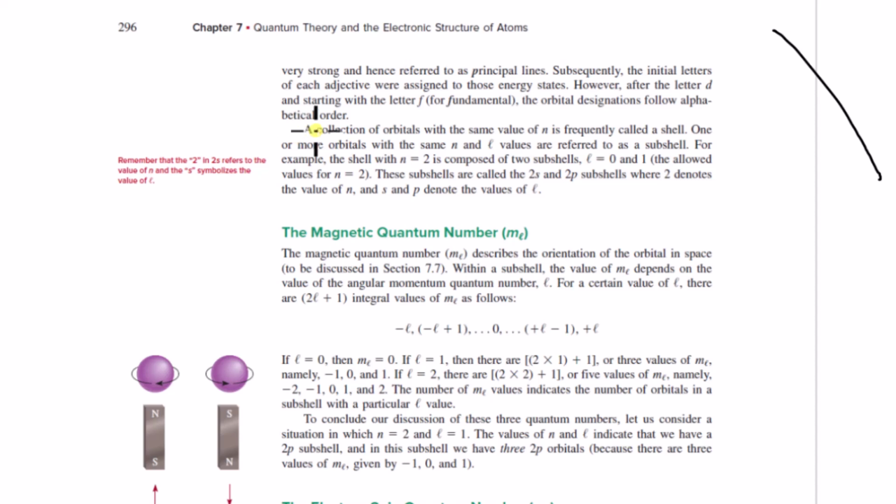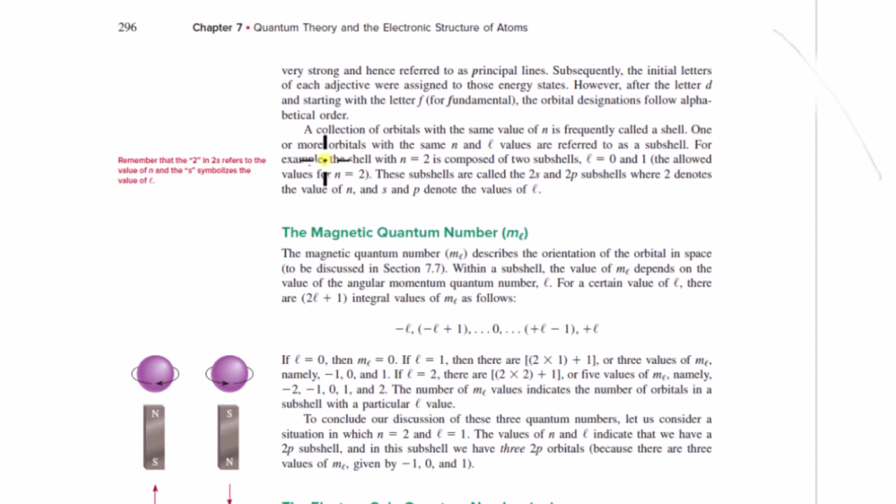So that's interesting. Okay, a collection of orbitals with the same value of n is frequently called a shell. So they're talking about the principal quantum number, n, the energy level. Each energy level is frequently called a shell.